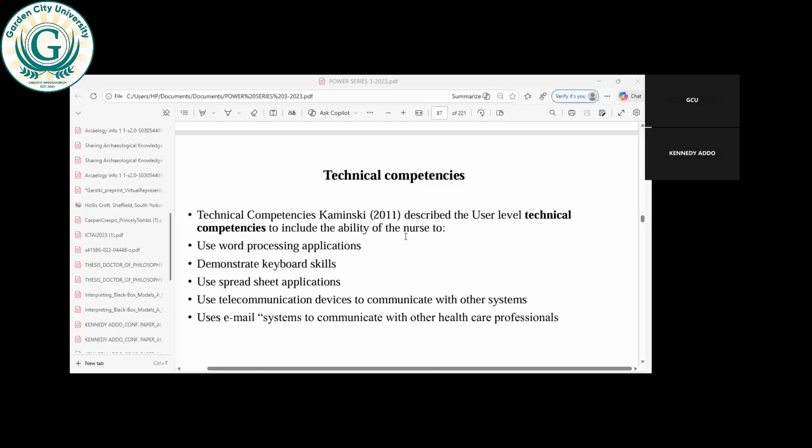Use spreadsheet applications, right? Use telecommunication devices to communicate with other systems, and use email to communicate with other care professionals. So how to compose a message, how to attach a file, right? All of them are very important for a beginner.